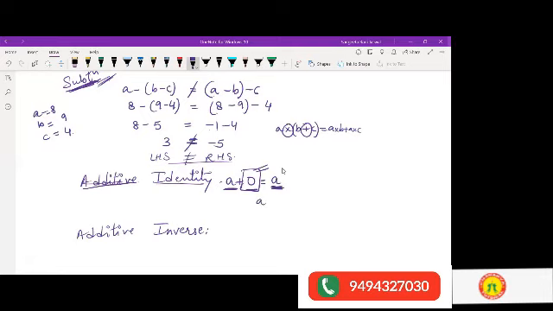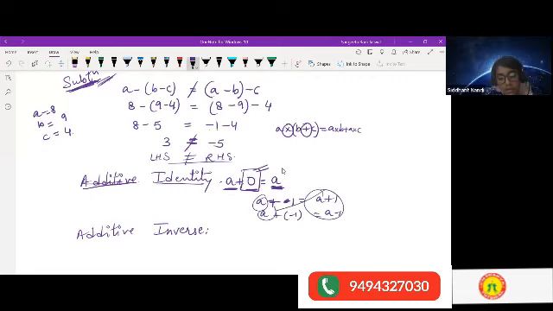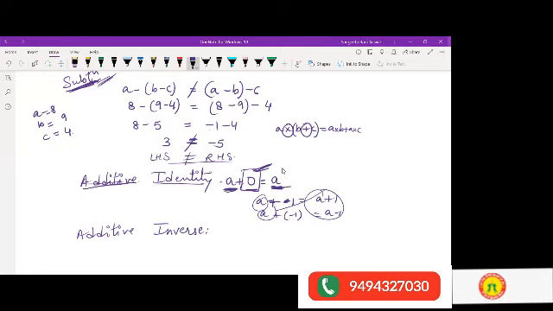If I add some other number to any number, this will become a plus 1. If I add some number to any number, this will become a minus 1. That means my number is losing its identity here, no? The number which helps the original number to maintain its identity is called additive identity.